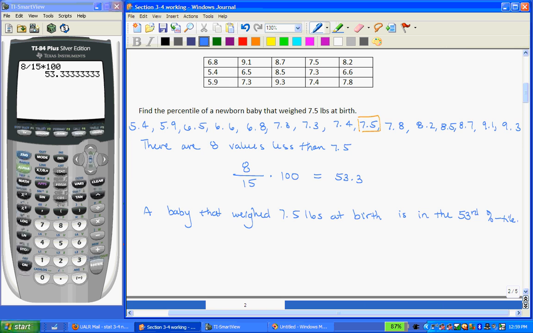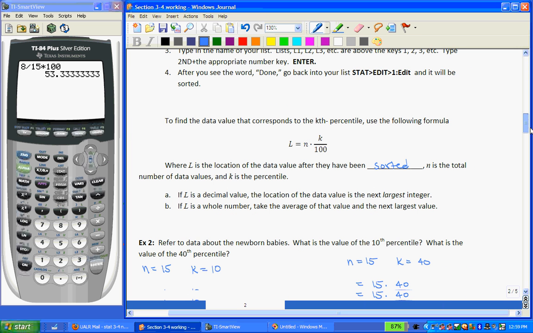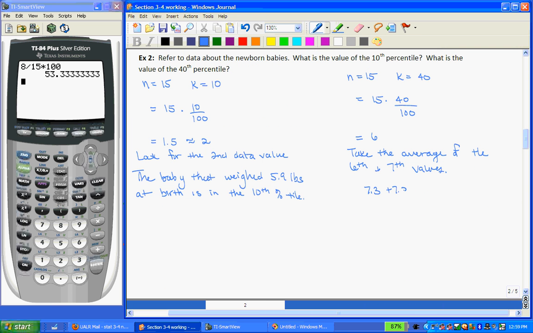Well, with this data, it just so happens that the two are the same, 7.3 and 7.3. But I'll go ahead and set it up, which means it's still just 7.3.